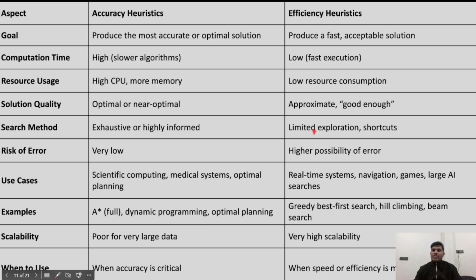Examples of efficiency heuristics: greedy best-first search, hill climbing, beam search. Scalability is poor for very large data in accuracy heuristics, and very high in efficiency heuristics. Use accuracy when it is critical, and efficiency when speed is more important.